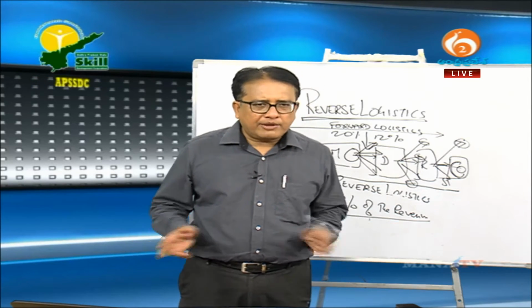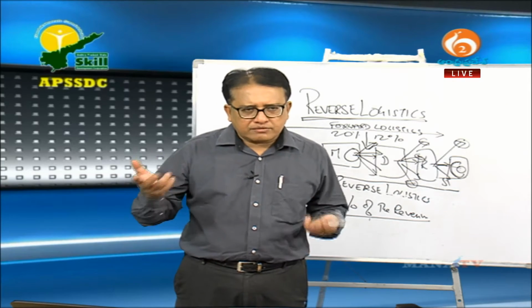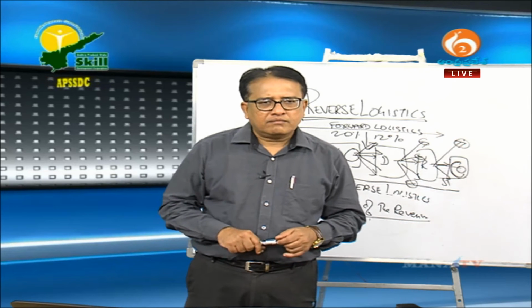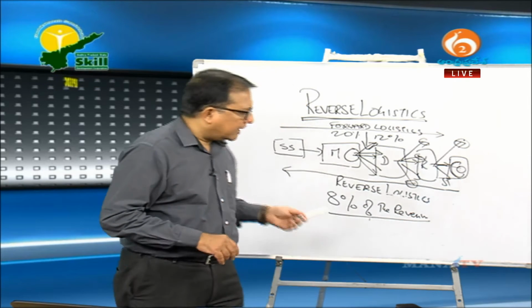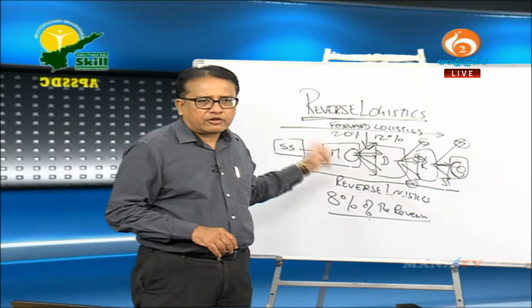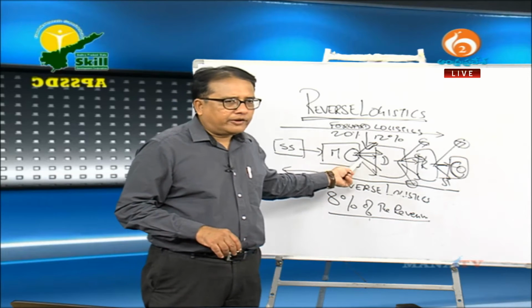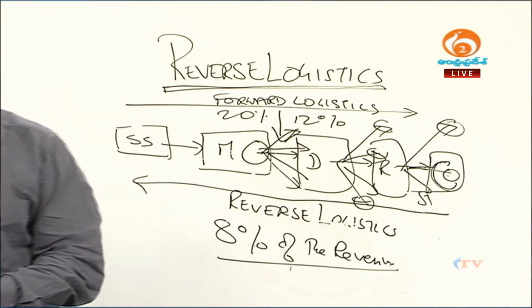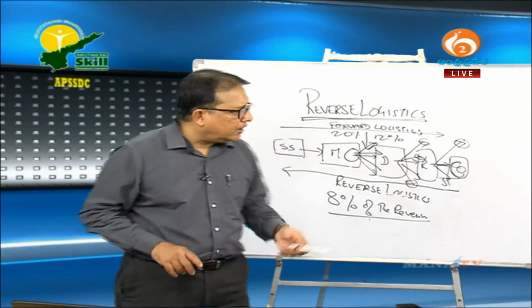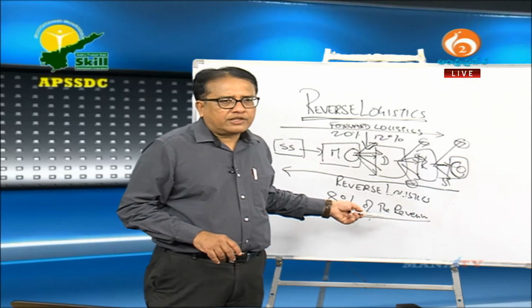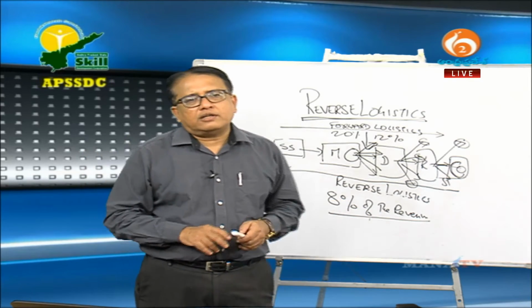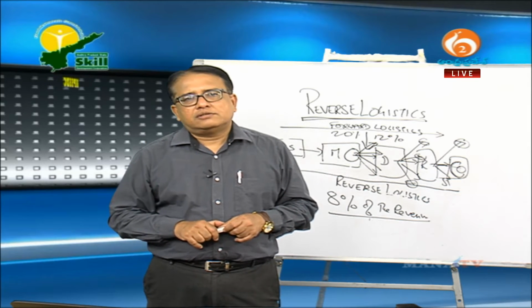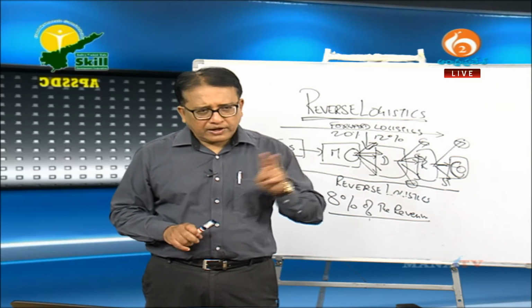Some are fully damaged, some are to be repaired, some need restructuring, some need advancement, some need modification. So, that is another difference between forward and reverse logistics. In forward logistics, the feature and the quality remain the same. When the shipments are returned, the quality of the different products differs from one another, right.